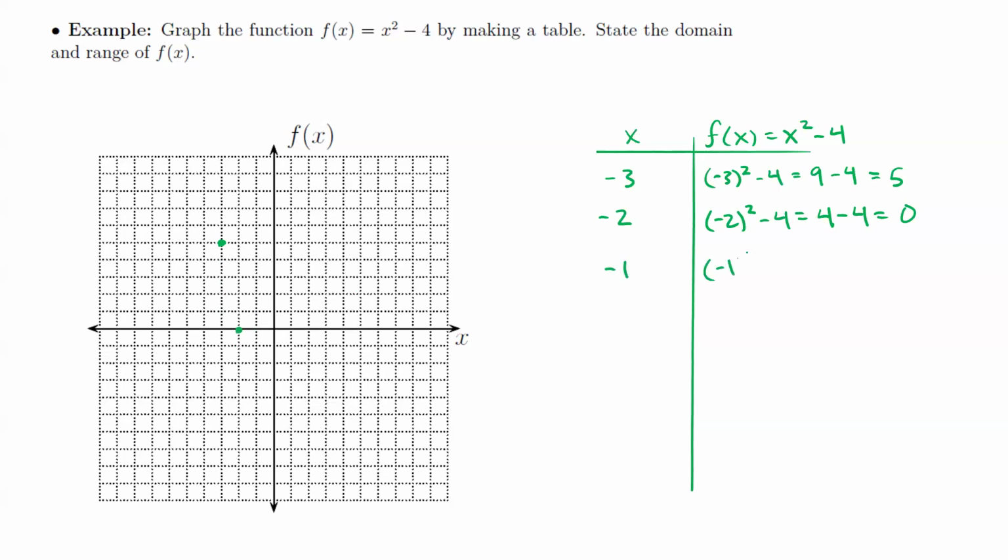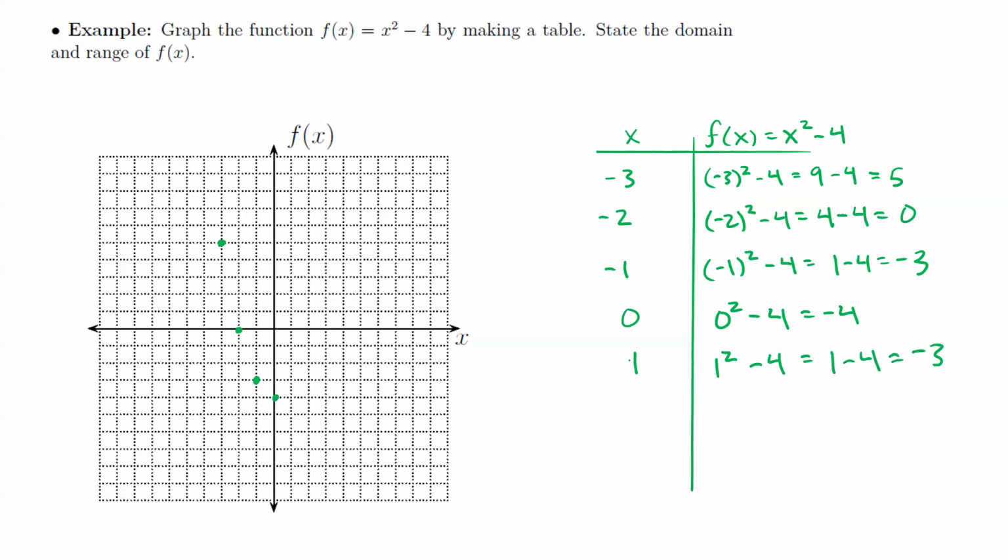Do the same with negative 1. So at negative 1, we're at y equals negative 3. At x equals 0, we'll be at y equals negative 4. And of course, squaring a positive 1 keeps it positive.